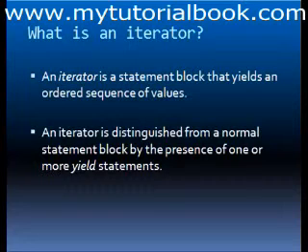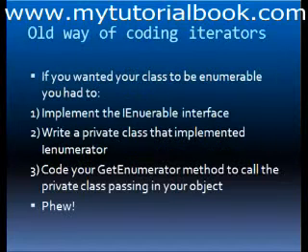In C# 2.0, the iterator is distinguished from a normal statement block by the introduction of the yield statement, so one or more yield statements. How do we work this? So before we look at the new way, we've got to look at the old way of coding iterators.